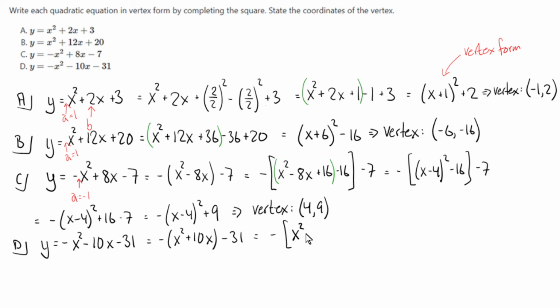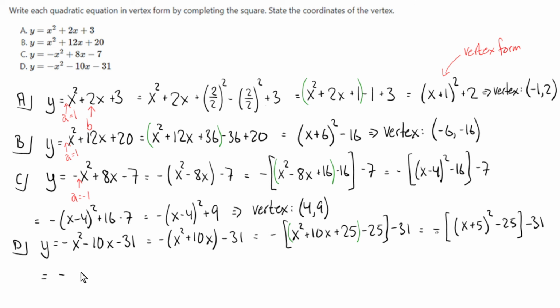And then we get x squared plus 10x, and we take the 10 divided by 2 and square it. So it's going to be 25. So we add 25, subtract 25. We get our perfect square trinomial, which we can factor as x plus 5 squared. We bring the negative sign back into the bracket.